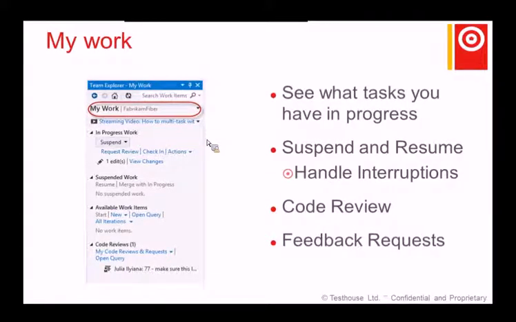And at a later date, you can open up that shelf set and everything will appear on your screen exactly as it was when you left, even down to the level of if you have a debugger active at that time and you have some breakpoints active in your debugger, it will even remember the position of the breakpoints. So when you come back and resume your work, you will resume it exactly in the same state as it was when you left it. So everything's saved for you. It saves a lot of time trying to get back into whatever you were doing.